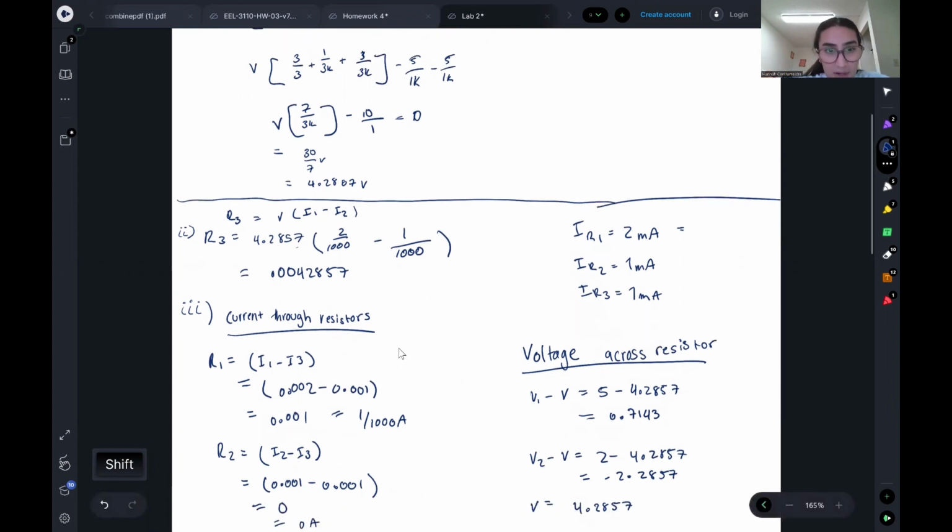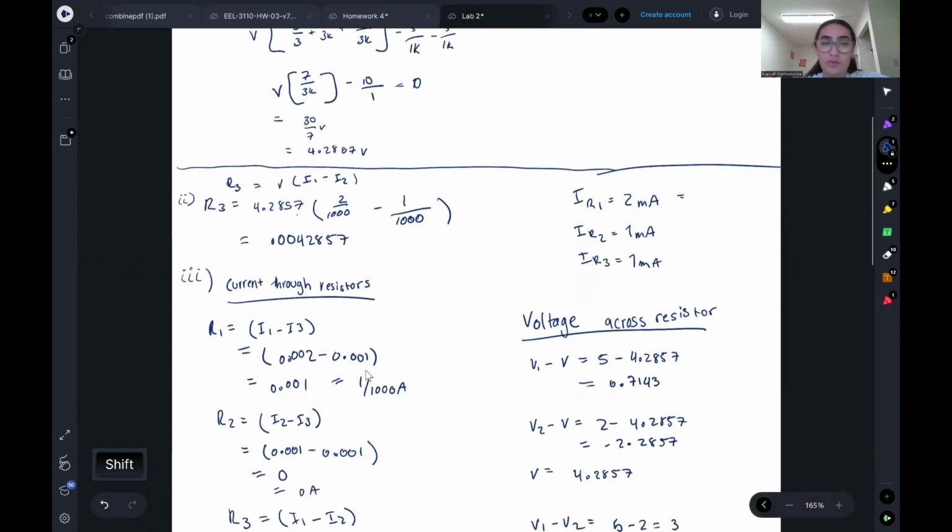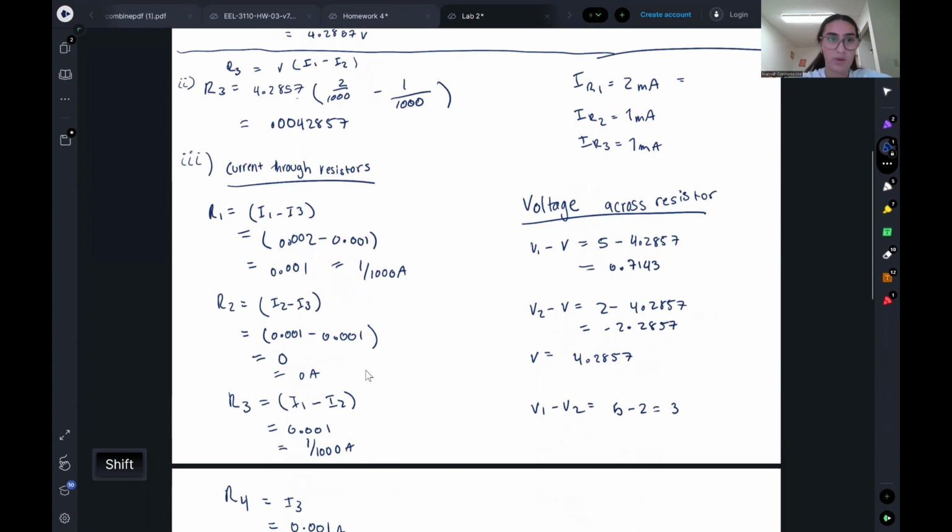For part 3 of question number 1, I did the current through the resistors, and this is pretty straightforward. For R1 you do the current 1 minus current 3, and then I got 1 over 1000 amps. Then we do resistor number 2, that you do current number 2 minus current number 3. I got 0 amps.